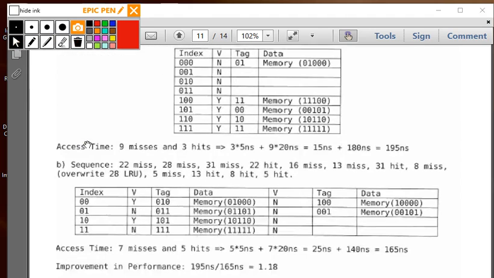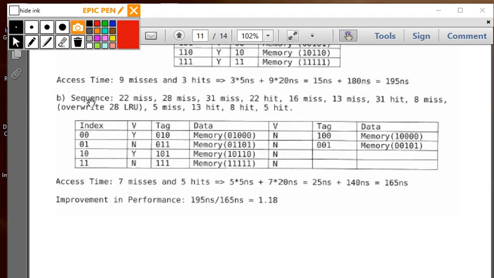So 22 is a miss, 28 is a miss, 31 is a miss. And so then now we get 22 is a hit, 16 was a miss, 13 was a miss. So 31 is a hit, 8 is a miss. So then in that case, now we have our least recently used. So what we've done here is we had multiple instances where we had 8, so 8 ends in 0, 0.